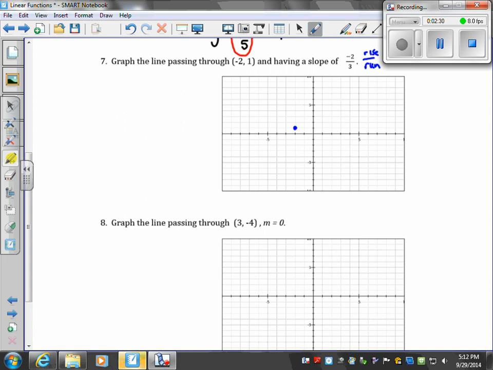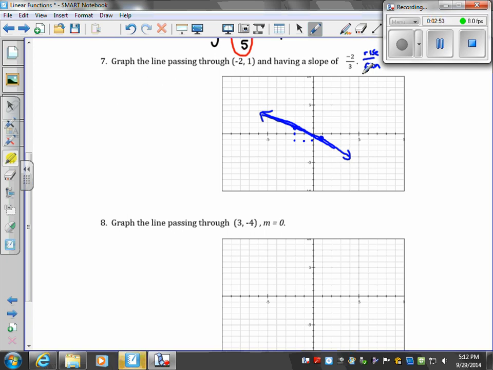So from here, go down 2, right 1, 2, 3. Down 2, right 3. And then you will come back and draw a line through them. Hopefully a straighter line than I have, but anyway, that's what you do.